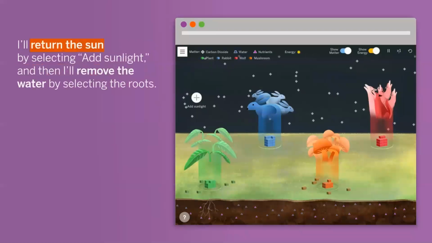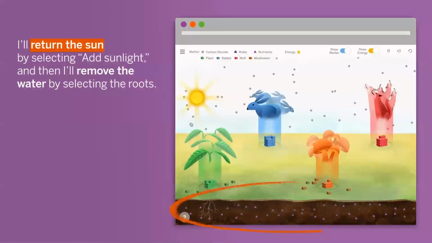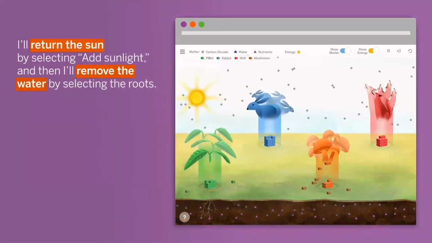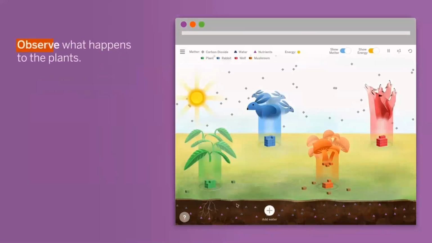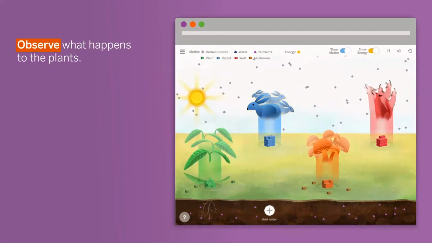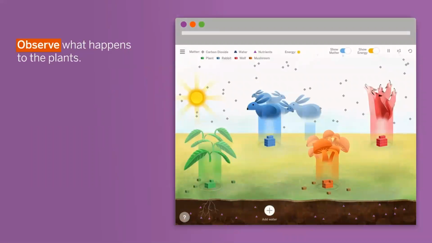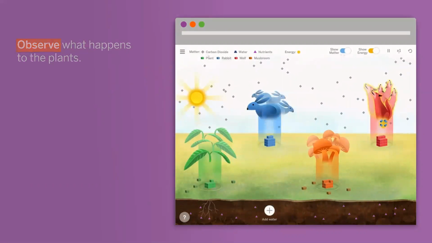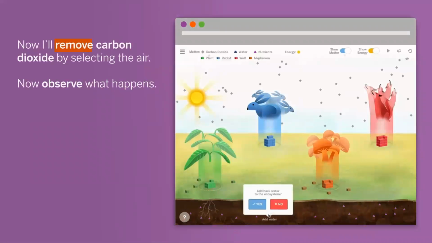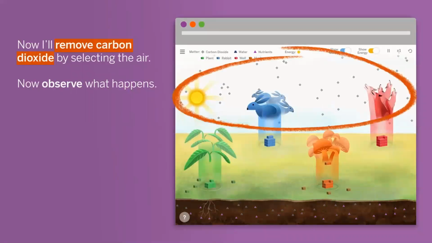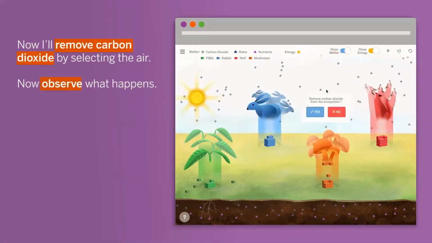I'll return the sun by selecting Add Sunlight, and then I'll remove the water by selecting the roots. Observe what happens to the plants. Now, I'll remove carbon dioxide by selecting the air. Now observe what happens.